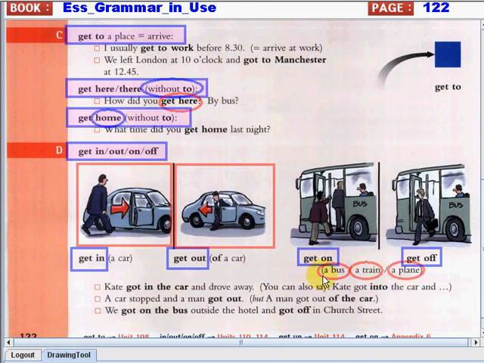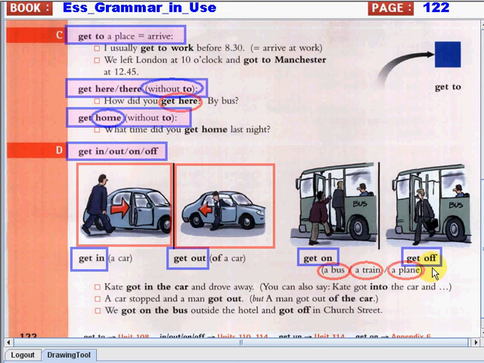Get off a bus, get off a train, and get off a plane. Okay? One more time. When we're talking about cars, we will use get in and out. When we're talking about big public transportation like bus, train, and plane, you will use get on and off.